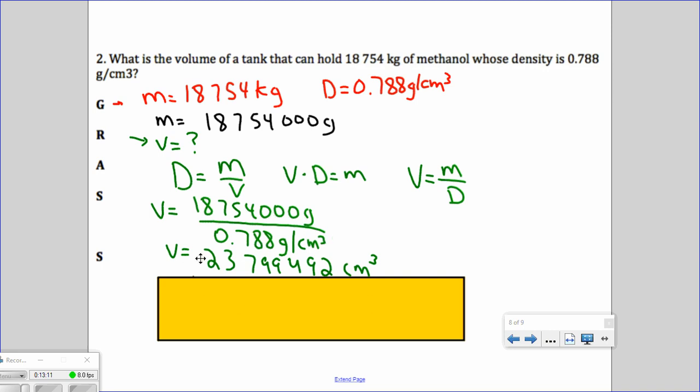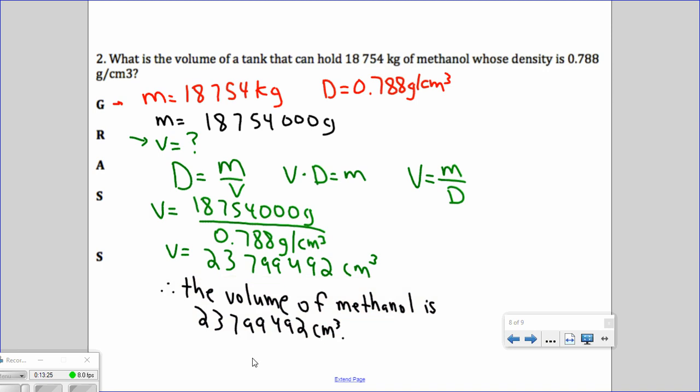When we do that calculation, we get a really big number of centimeters cubed. And then we can have our therefore statement. Therefore, the volume of methanol is this really, really big volume. That's like many millions of liters of methanol. It's a big tanker, a big tank.